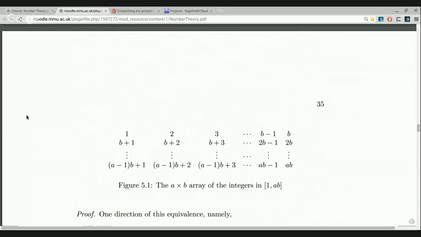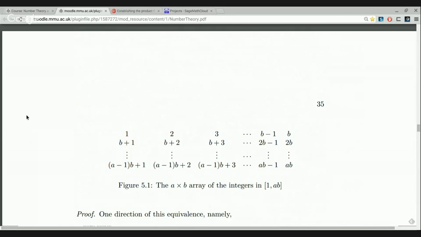So you've got A rows and B columns. Here are all the numbers between 1 and A times B. And it turns out that this way of laying them out is very suitable to the kind of counting that we want to do.